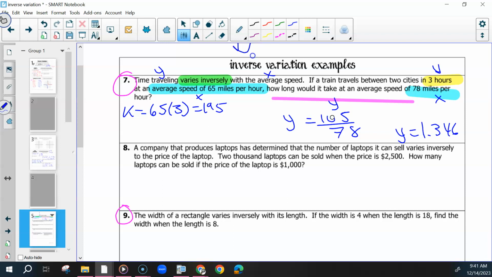So that's going to change this. And this one. When you get your answers, think about, would this make sense as a decimal? Can hours be decimals? Yes. So we can leave it as a decimal.